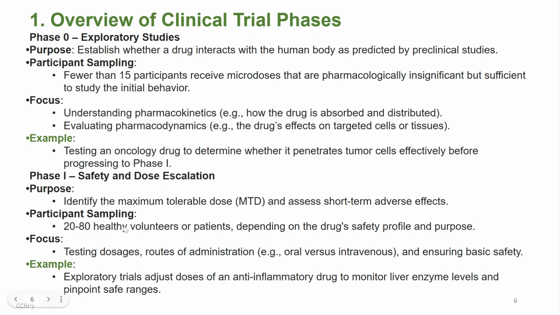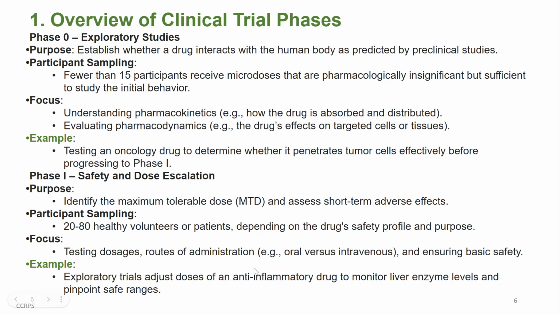Now participant sampling is also small, but a little bit bigger than phase zero: 20 to 80 healthy volunteers or patients, depending on the drug safety profile and purpose. So minimum 20 to 80 patients or participants or volunteers or subjects.